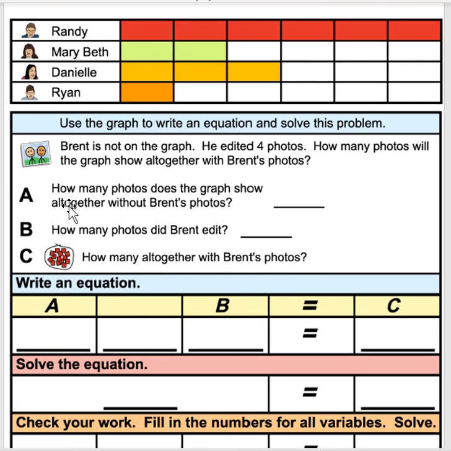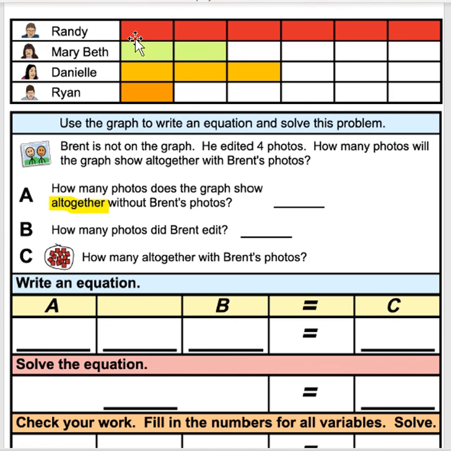So the first thing that we need to know is A, how many photos does the graph show all together without Brent's photos? So we see the words all together, and we know we're going to be adding. So what we can do is we want every student's photo, so we can just count how many bars there are.